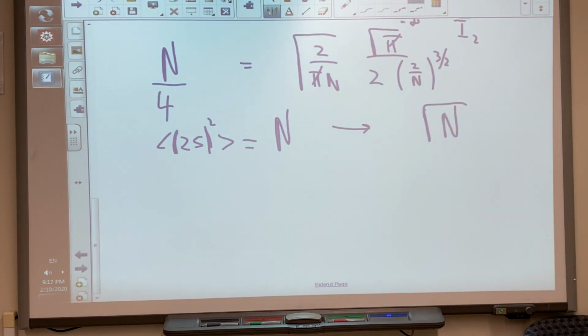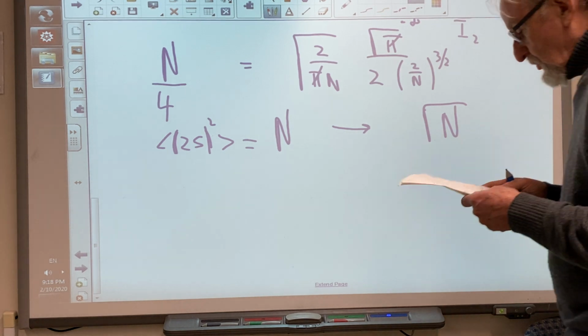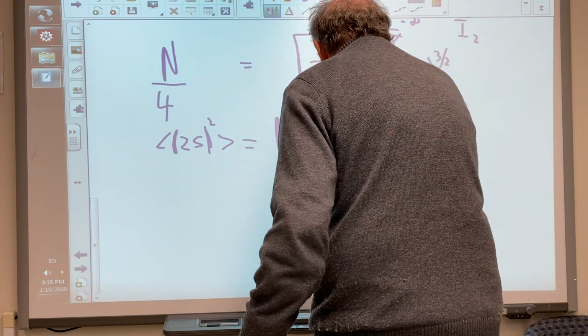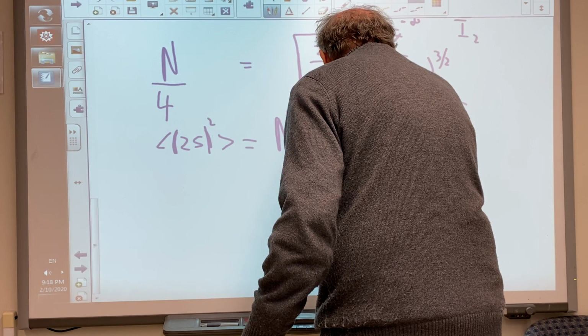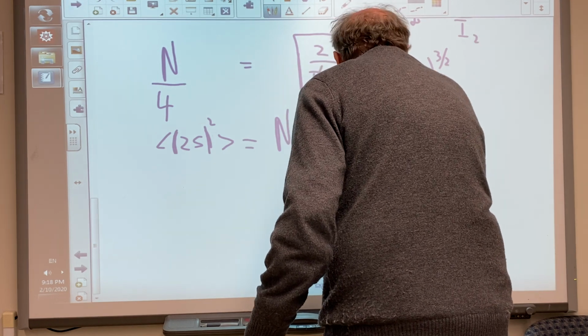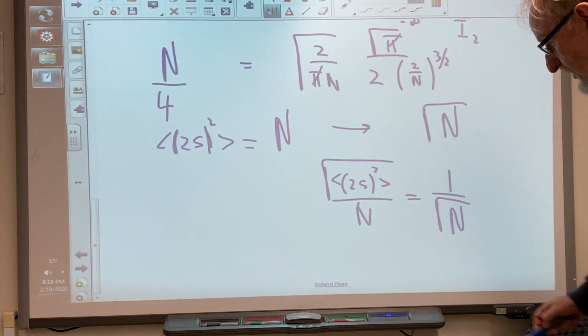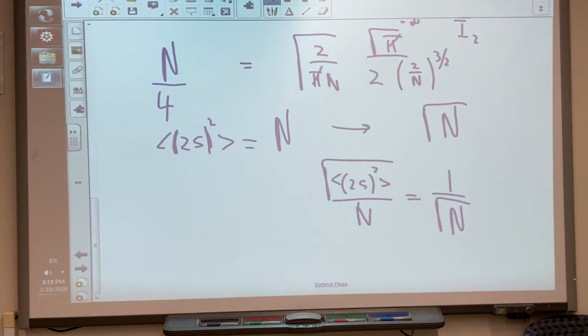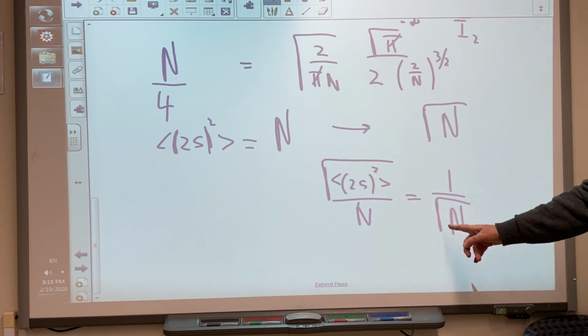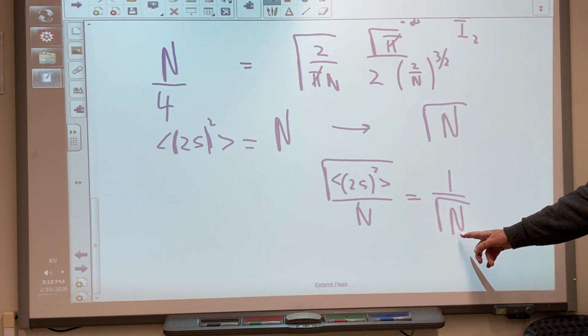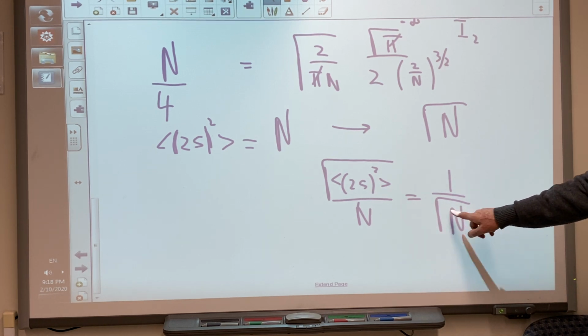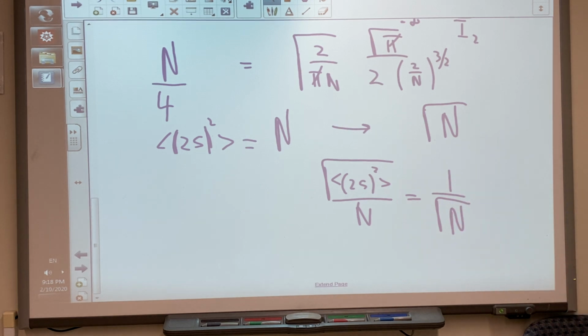And if you divide the standard deviation as usual to get the fractional fluctuation, the square root of 2s squared over n, you get 1 over square root of n. Those of you who took probability will recognize this result, that the standard fluctuation is incredibly small. This is 10 to the 23, so the square root is 10 to the 12.